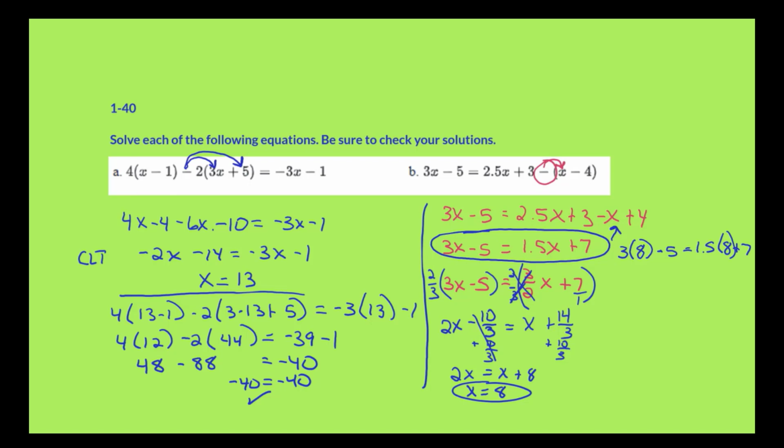Okay, 3 times 8 is 24 minus 5 equals 19. 1.5 times 8 is 12 plus 7 is 19. So they checked. So we did both correctly, and that actually ends the review and preview for lesson 1.1.3.